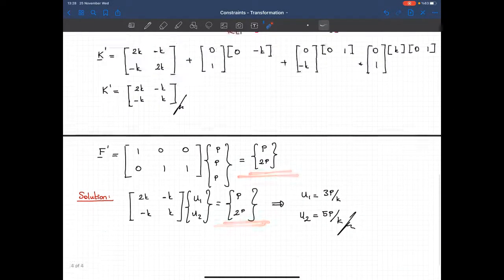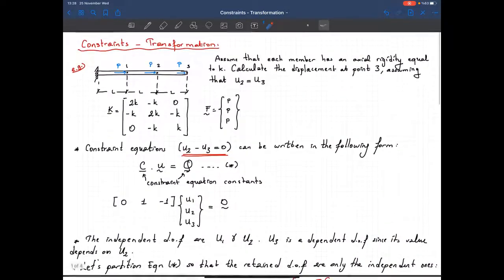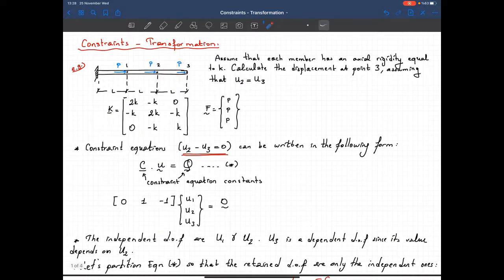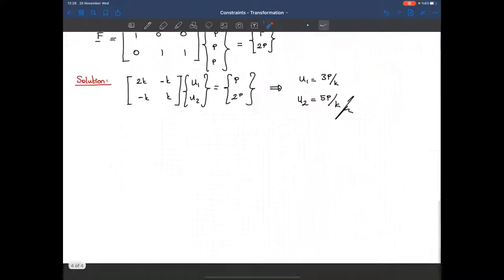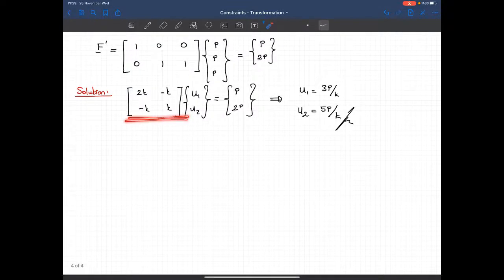And this is a rigid frame. If we forget about this frame, this one will have 2K stiffness to move in one direction, and this one will have the stiffness that's equal to K. And this stiffness matrix also makes sense, and these are the final results.